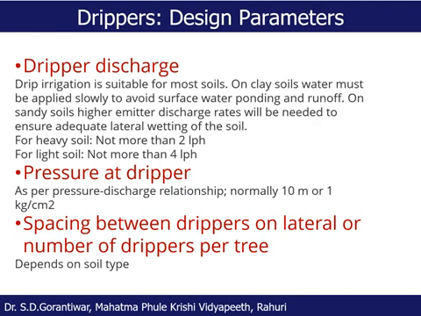So there will be weed infestation as well, and the water which is to be stored in the root zone won't be stored there, it will be stored somewhere else. We will consider that I have applied the desired quantity of water, but still I am not getting proper growth. This is because of this.